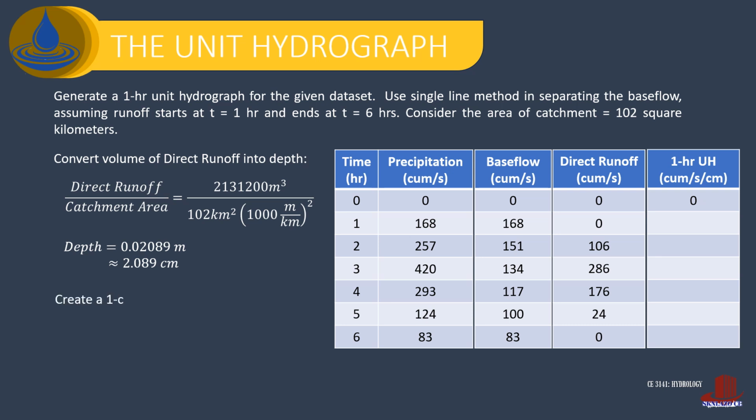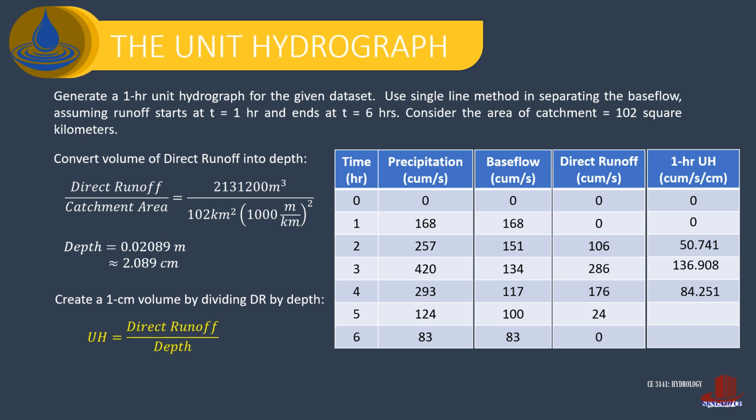In order to create a 1 cm volume of unit hydrograph, the excess rainfall is then divided by the depth. So, 1 hour UH is 0 at T1, followed by 106 over the depth, or 50.741 cumecs per centimeter at T2. Next is 286 divided by 2.089, or 136.908 cumecs per centimeter at T3.